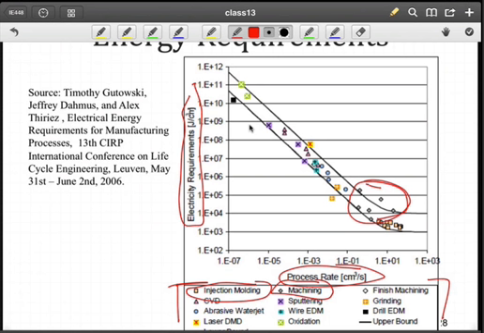This suggests that machining is, from an energy perspective, an efficient process. If we look at injection molding, again indicated by the square here, that is even more efficient. Again, much larger volume per second of material that we can produce, and the energy requirements are less than machining.